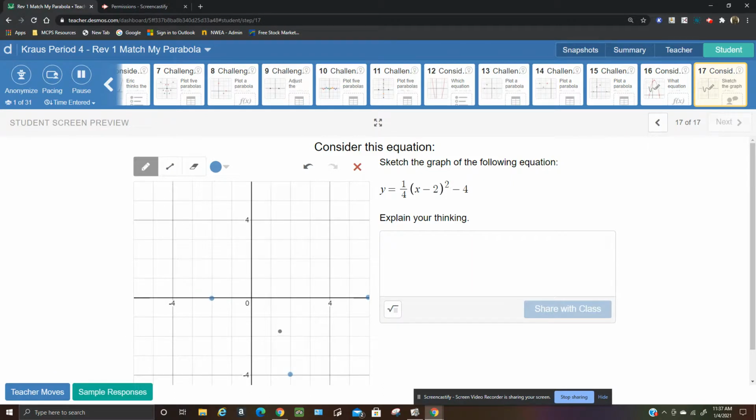And then let me try to sketch this with my mouse. I'm horrible at that, but let me try it again.